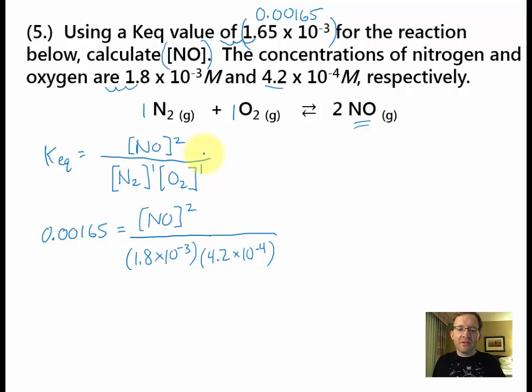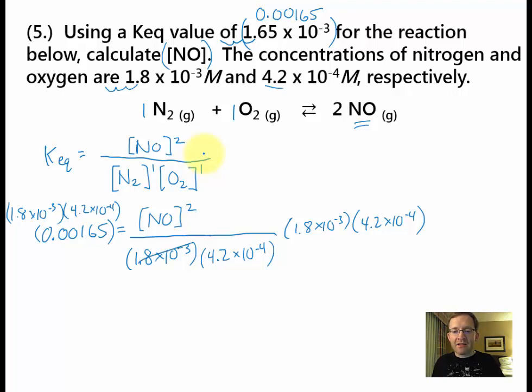So I'm going to multiply both sides by 1.8 times 10 to the negative 3 and 4.2 times 10 to the negative 4. That'll cancel them out over here on the bottom, and I'm going to do the same thing over here. So 1.8 times 10 to the negative 3 and 4.2 times 10 to the negative 4, and my original quantity, and multiply all 3 of those together. Now, when I do it on this side, they'll cancel out, and this one too. It'll leave me just what I'm looking for squared.